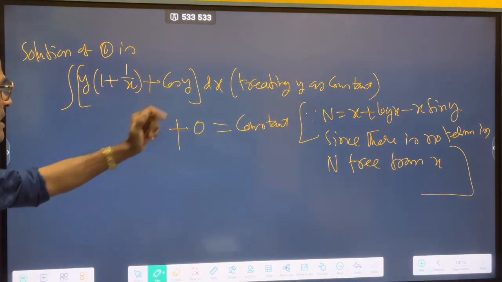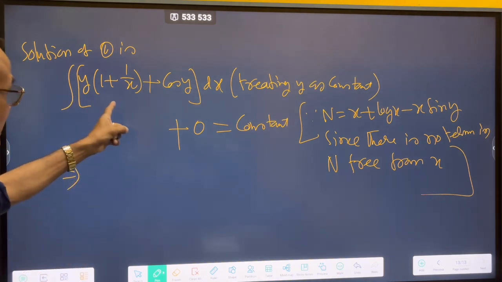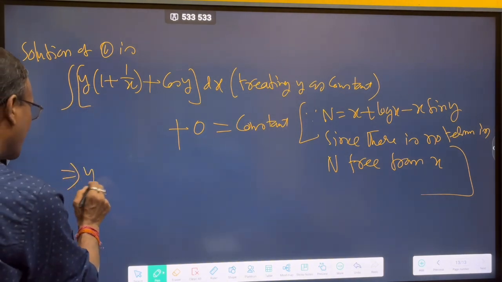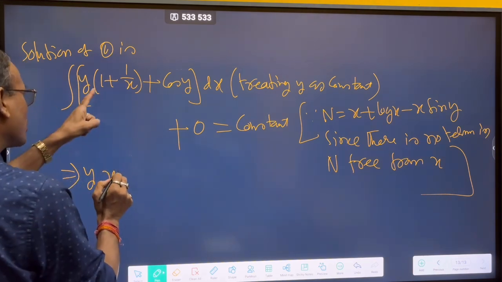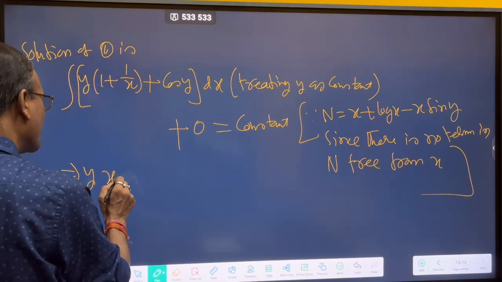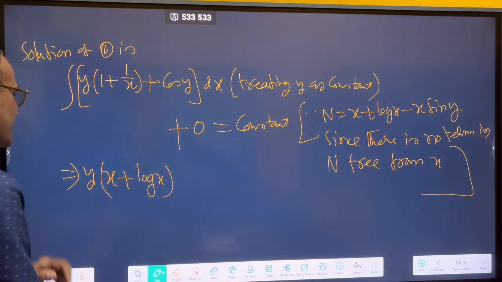No term is there, therefore it is 0. Now integrate this, taking y as constant. y take outside. Integration of 1 is x, plus it is log x.